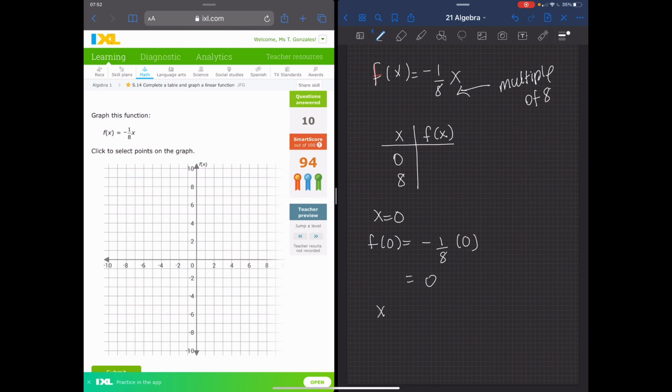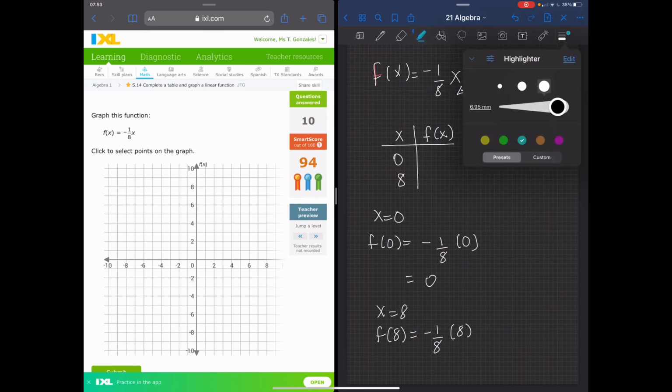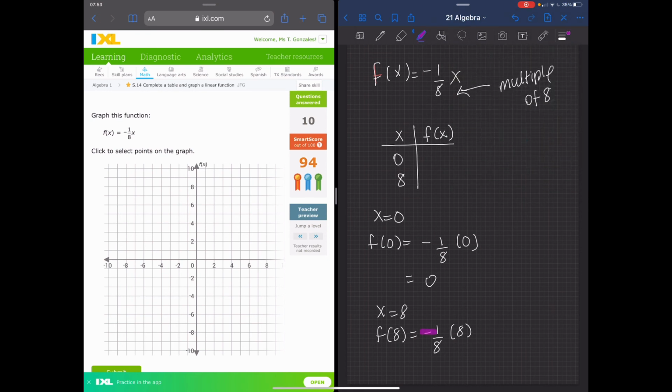And then x equals 8. F of 8 equals -1/8 times 8. So again, when we multiply going across, -1 times 8 is -8. And -8 is going to be times 1.